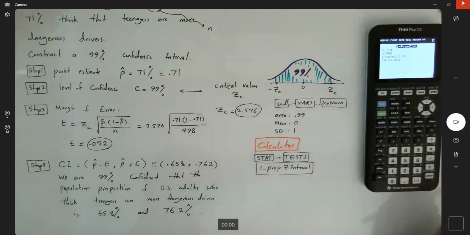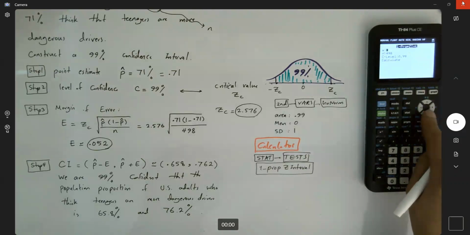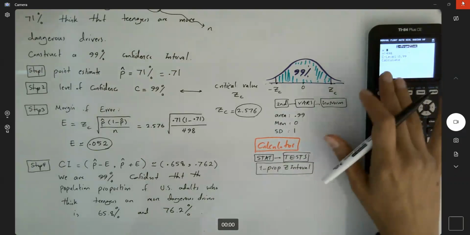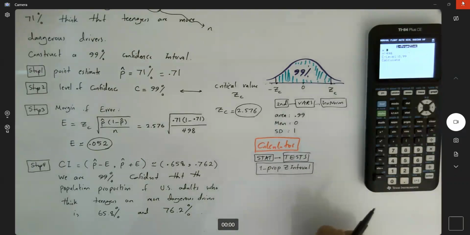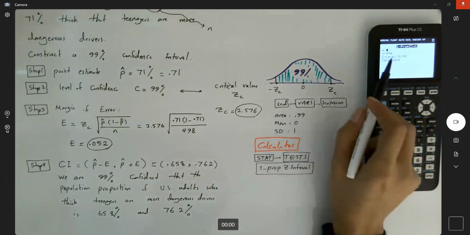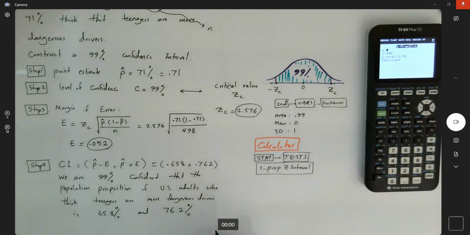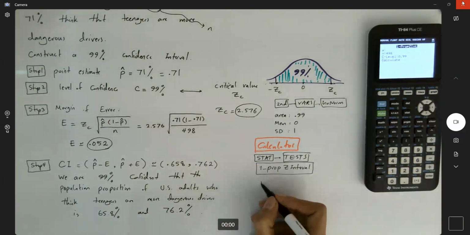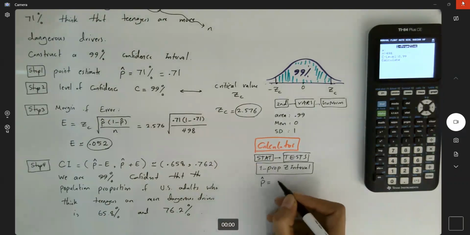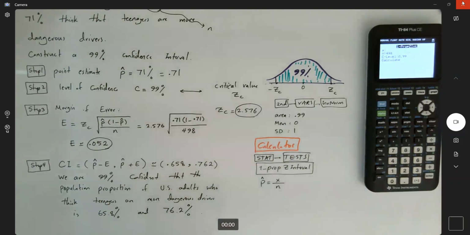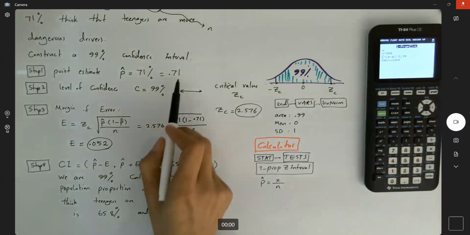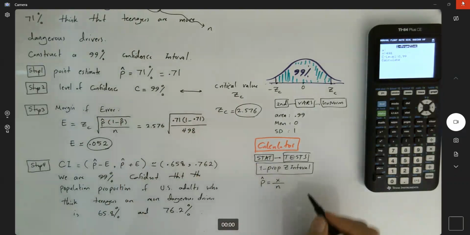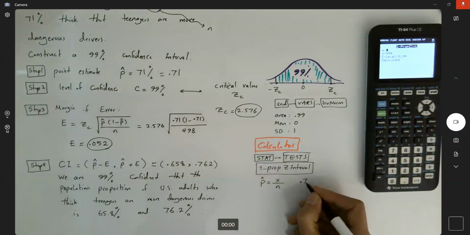Once you click on that, you need to enter some information for X and the level of confidence and so on. What is X? To find X, we need to go back to the definition of P hat. P hat was defined as X divided by N. But P hat was given to us in this question, 71% or 0.71.